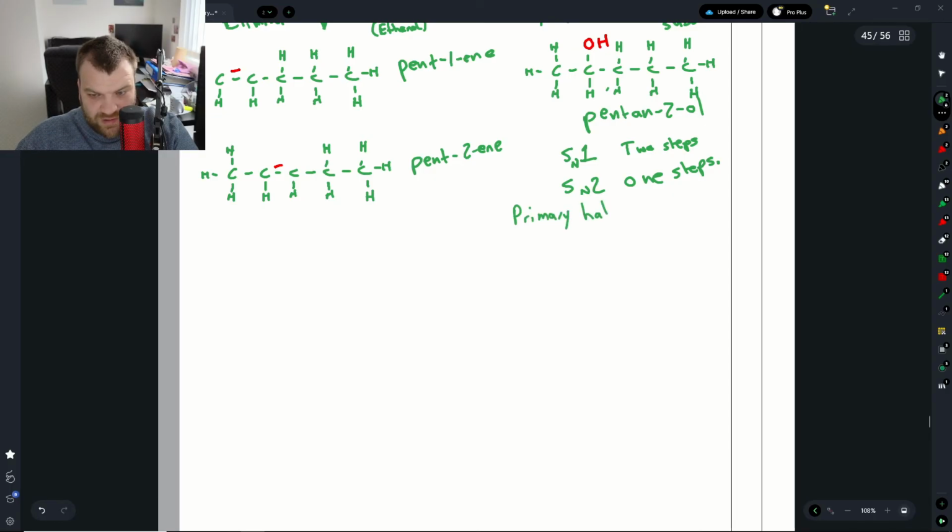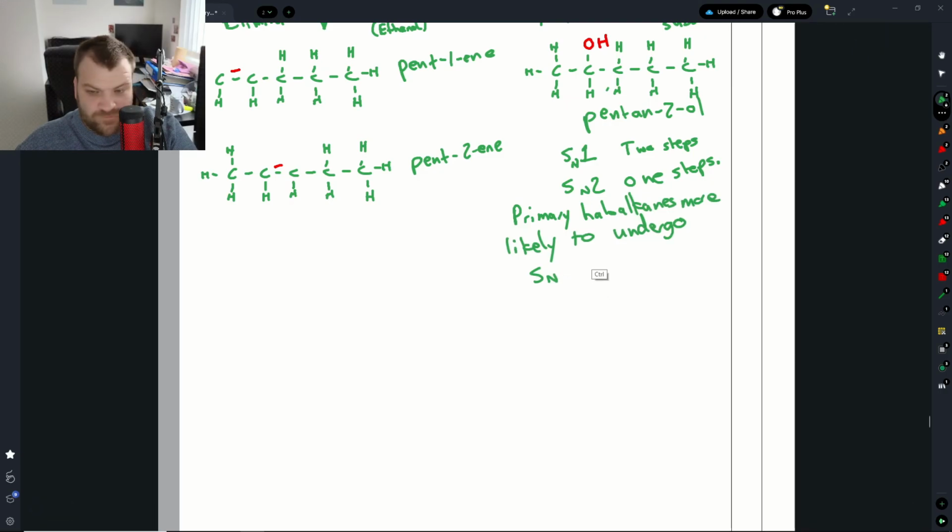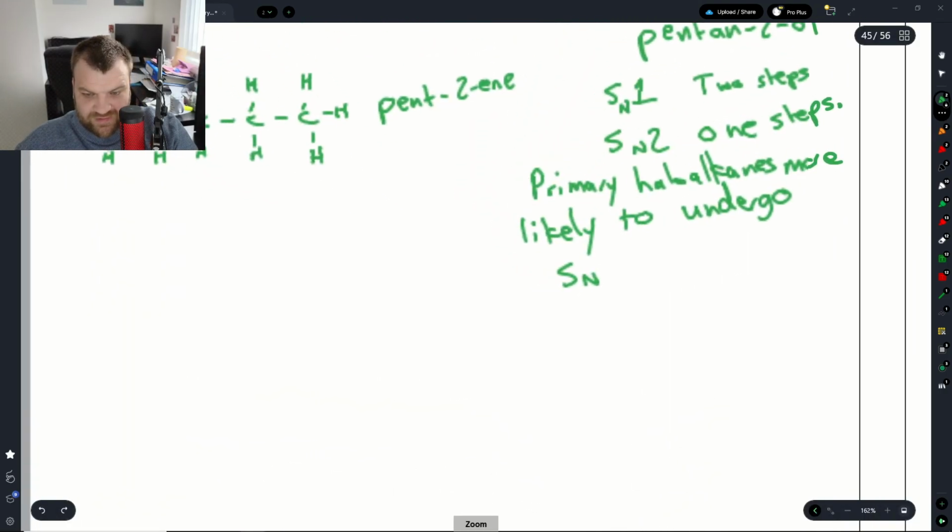Primary haloalkanes are more likely to undergo SN2 reaction.